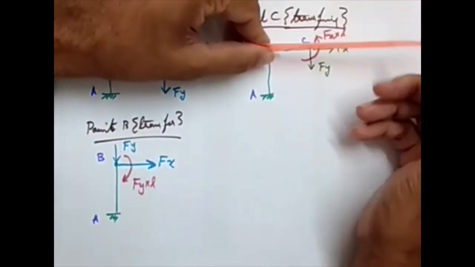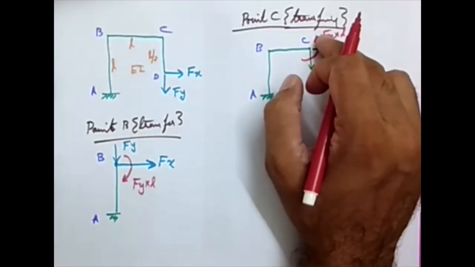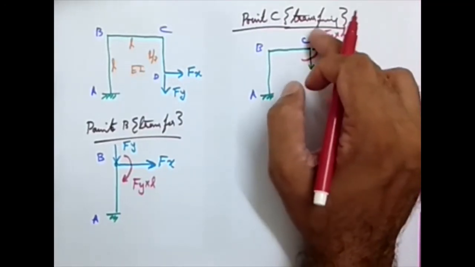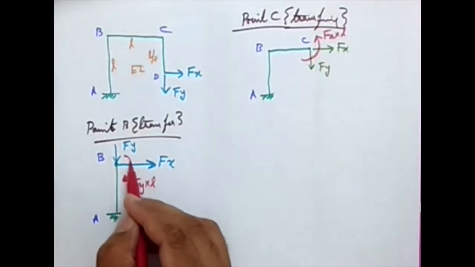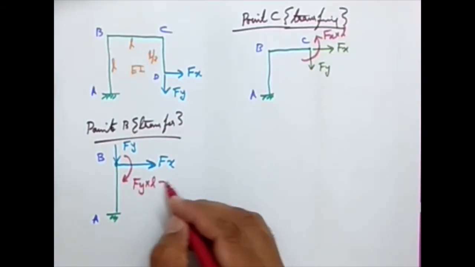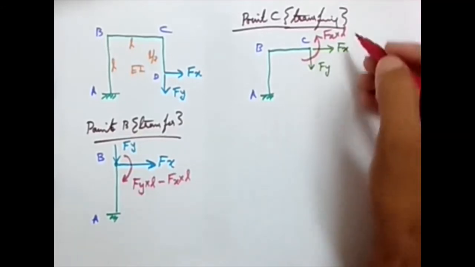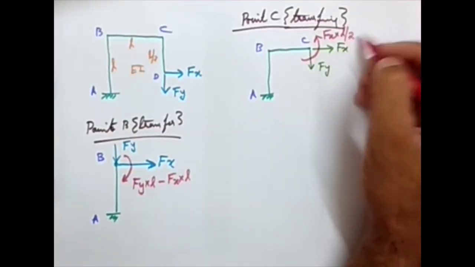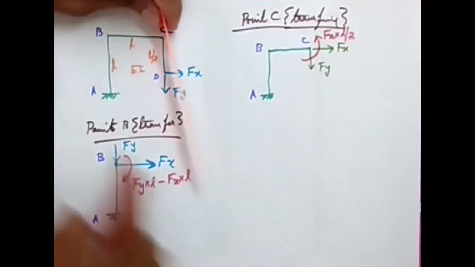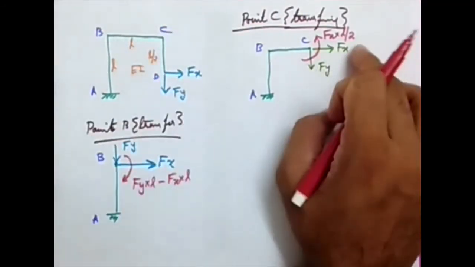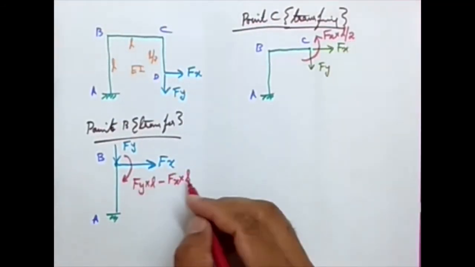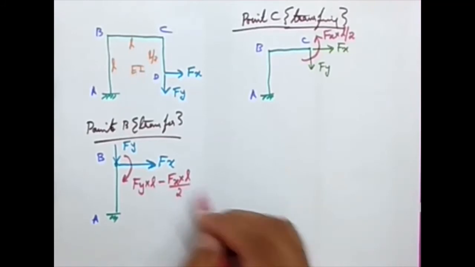Then I have a moment Fx times L anti-clockwise. Here I marked clockwise as positive, so anti-clockwise will be negative. Oh, I forgot. Here it should be L by 2 because this lever arm is L by 2. So Fx times L by 2 should be the value here. So here also Fx times L by 2.